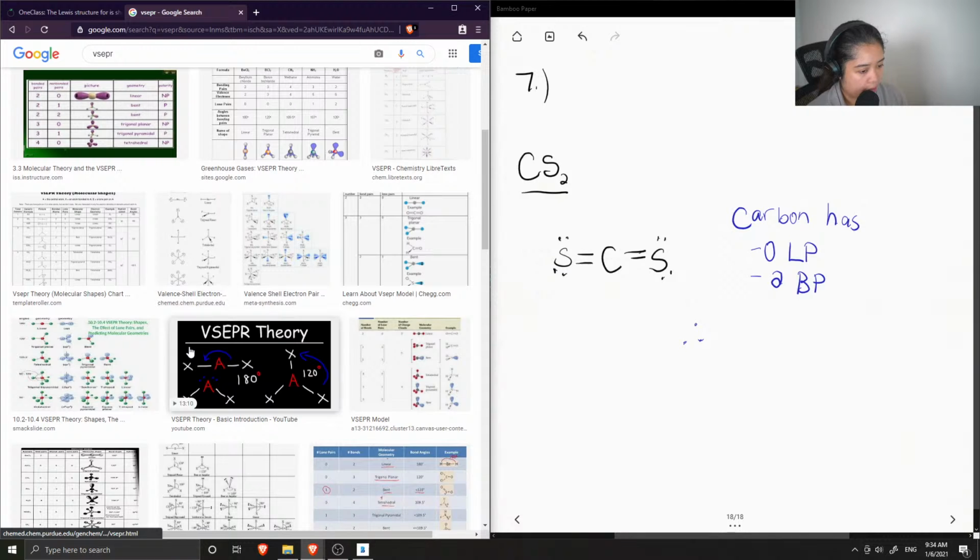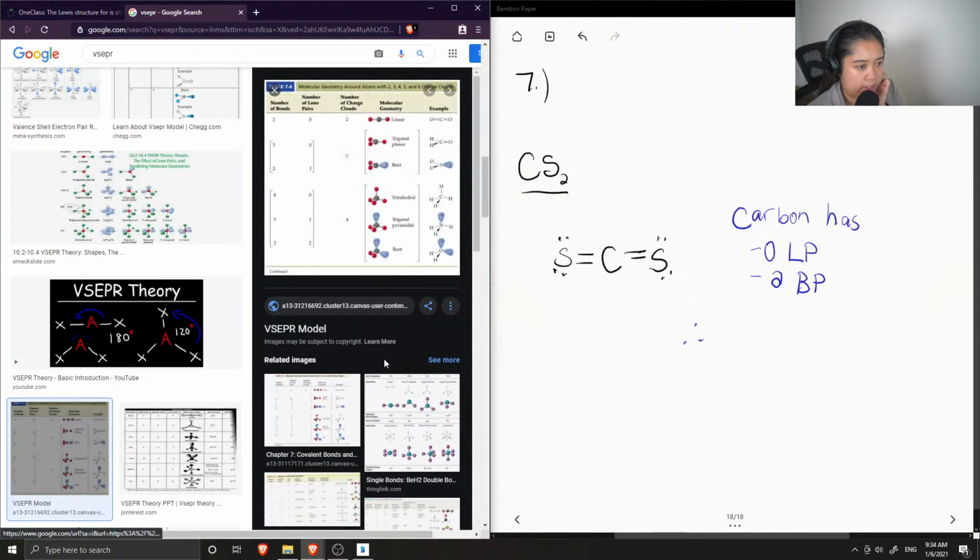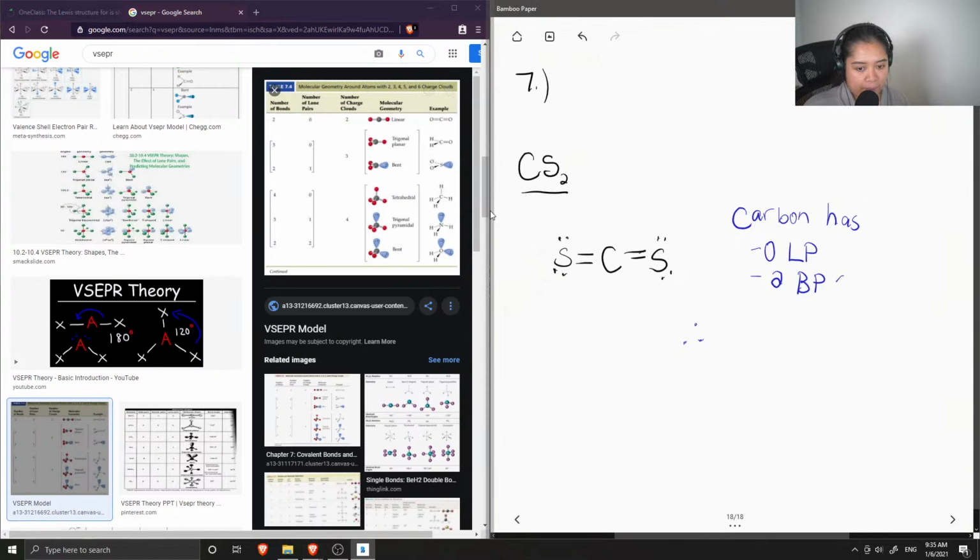These charts are usually given in the question or during your test, like in one of the back pages. So the number of lone pairs is 0, and the number of bonds or bonding pairs, or you can call them charge clouds, is 2. So we have a linear molecular geometry. Instead of bond pairs, I'll also denote it as charge clouds, since some tables might refer to them that way.